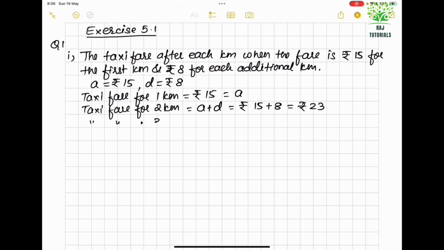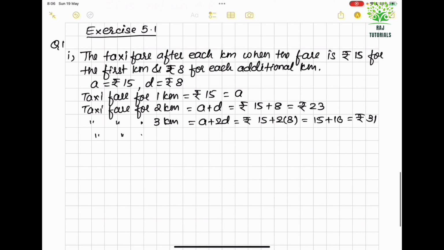Taxi fare for 3 kilometers will be A plus 2D. So A is rupees 15 plus 2 into 8, so that is 15 plus 16, so that is rupees 31.